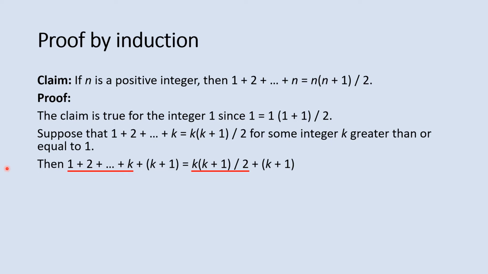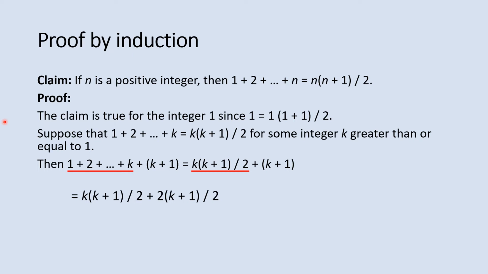So that part is from our assumption. What we're trying to get to is that if you add all the way to k plus 1, on the right-hand side, what we want is k plus 1 times k plus 1 plus 1 all over 2. So we're looking for k plus 1 times k plus 2 over 2 to come out of the right-hand side.